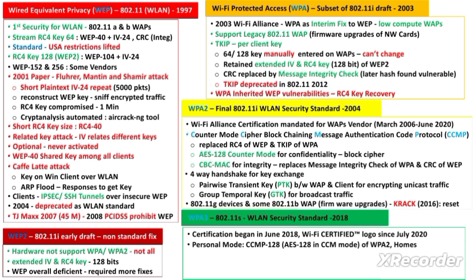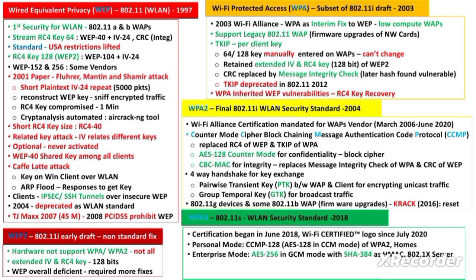So it got two modes. One was the personal mode and then there was the enterprise mode. So in personal mode, it uses the same CCMP of WPA2, and this personal mode was for small networks or for the homes. And then enterprise mode was for the enterprises, and it used Advanced Encryption Standard 256 in GCM mode, and SHA-384 was used as hashed message authentication code for integrity.